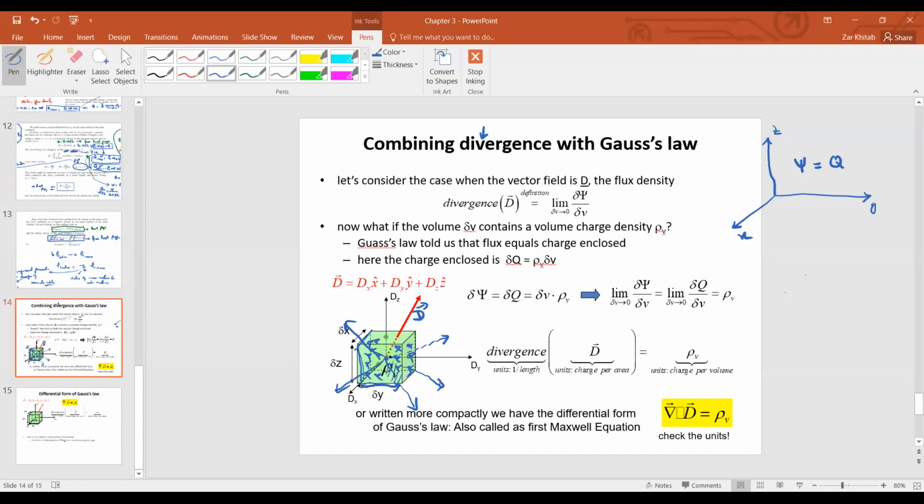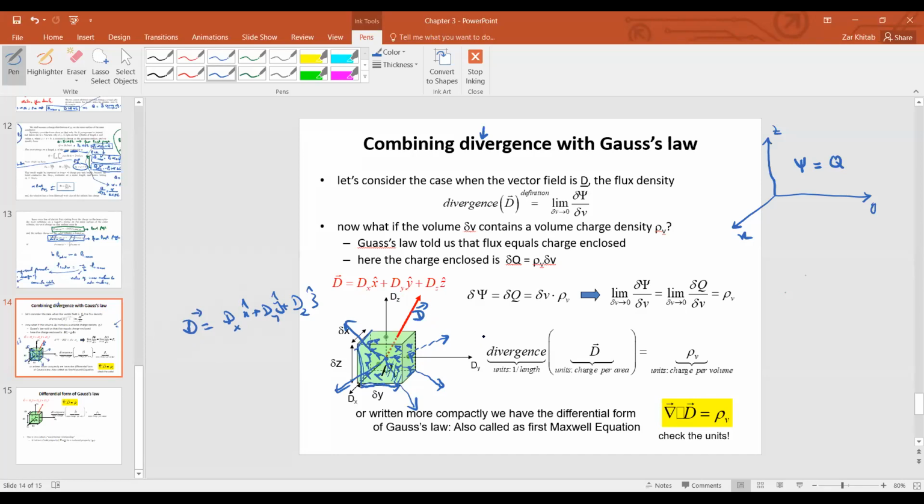So how to find the different locations? He said this D at any time may have three components: Dx in the direction x, plus Dy in the direction y, and Dz in the direction z.